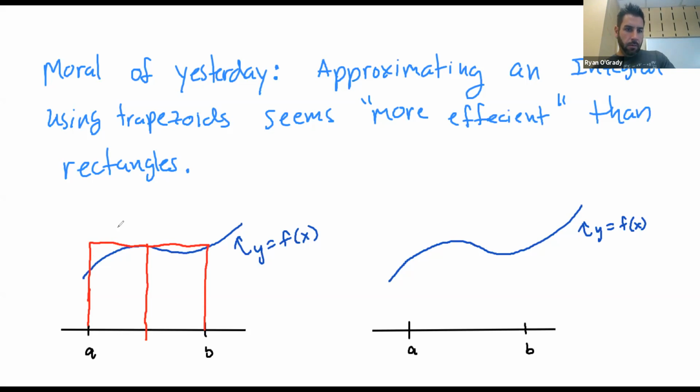Whereas if I were to use trapezoids, then we're wondering, can we reduce our error? And just by looking at this picture, it seems that we do. So this is kind of the point we want to make right now.